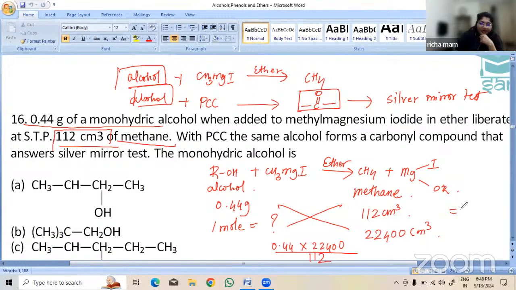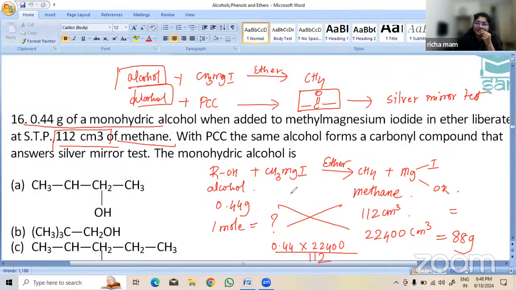How much will it be? 0.44 into 22,400 divided by 112. So 88. So it is 88 grams.